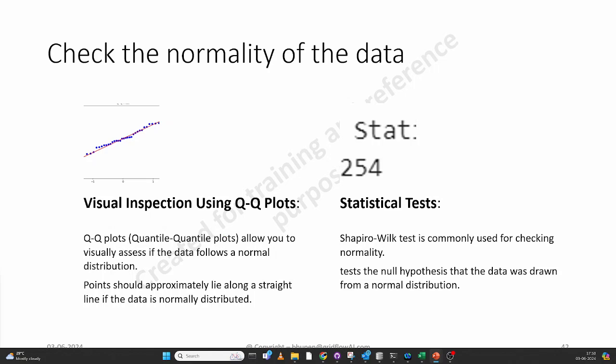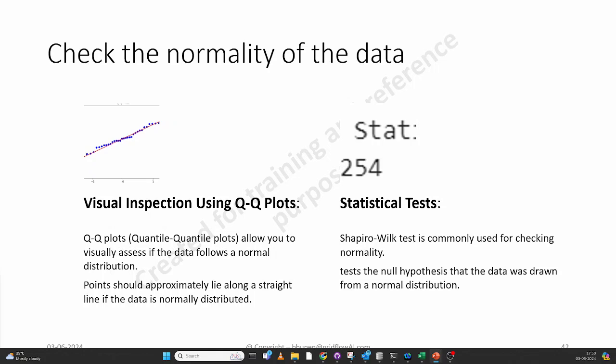If they align to each other, that means data is normally distributed. For example, here the red line is your hypothetical normal distribution, and the blue dots are your actual data. And you can see it's pretty much normal. But if the blue points are deviating quite a bit from the red line, that means the data is not normally distributed. So you cannot use t-test in that condition.